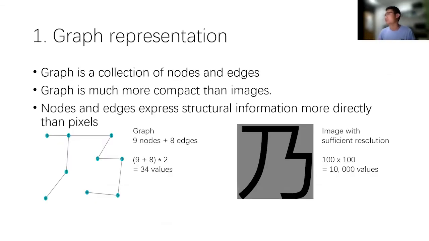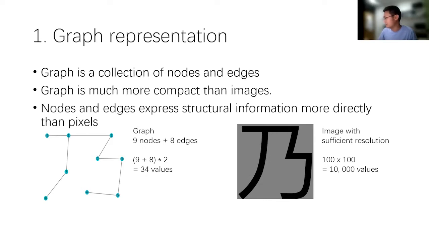A graph is good for 2 reasons. First, a graph is just a collection of nodes and edges. In a more general sense, it's objects plus relationships. A graph is much more compact than an image. One easy example: for an image, if you want a sufficient resolution that you can still recognize substructures, it has to be like what we did, 100 by 100.